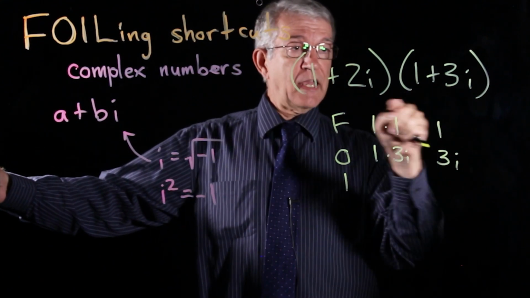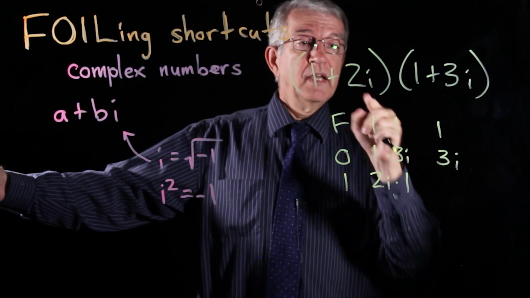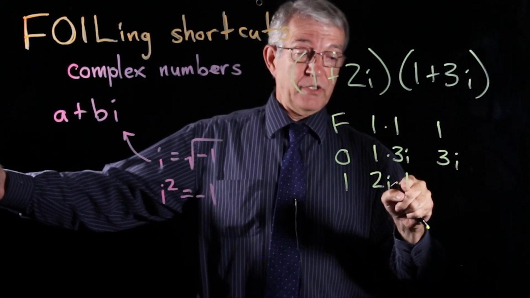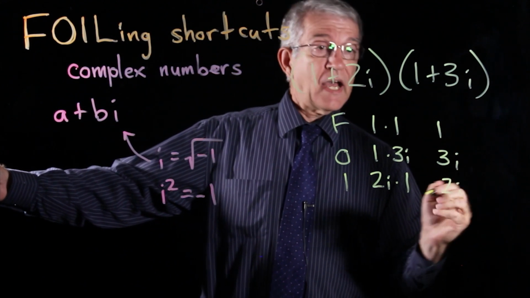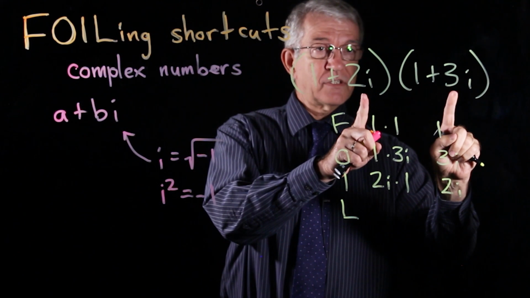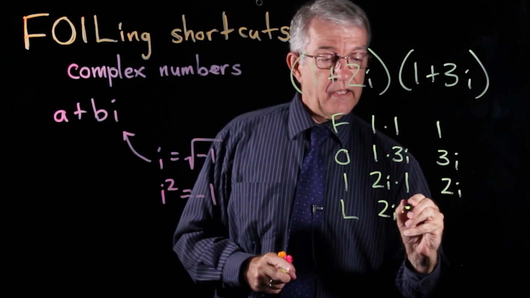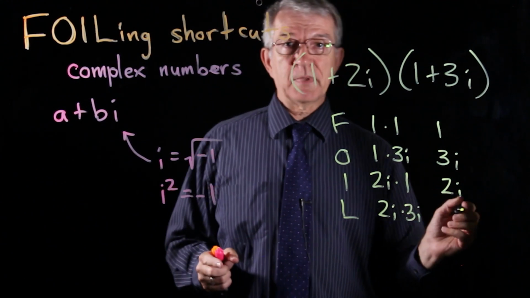The inside multiplication is 2i times 1. Again, 2 times 1 is 2. Do the number part, and then there's an i with it. And then at the end is where it gets a little bit tricky. So our last terms in these two binomials are 2i and 3i. We're multiplying them together.